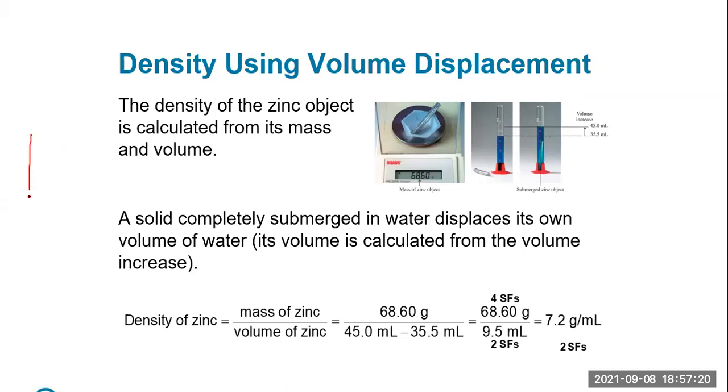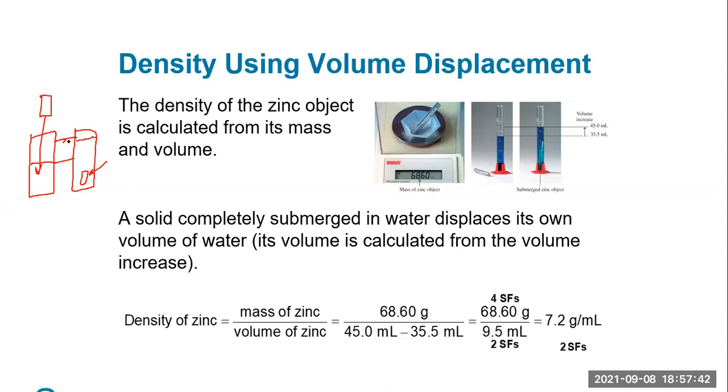Basically, volume by displacement means we take a volume of a liquid, we take a solid object, and we drop it in there. When that object goes in, the volume level is going to rise. The solid object will displace a volume that's equal to its own volume.